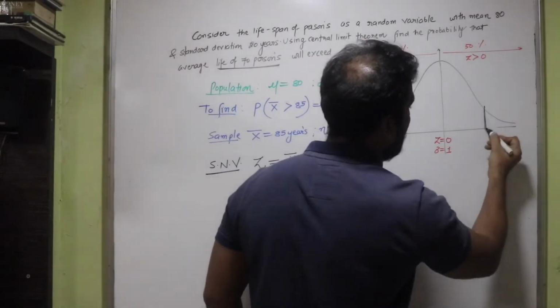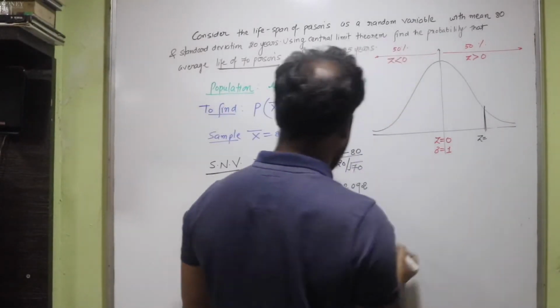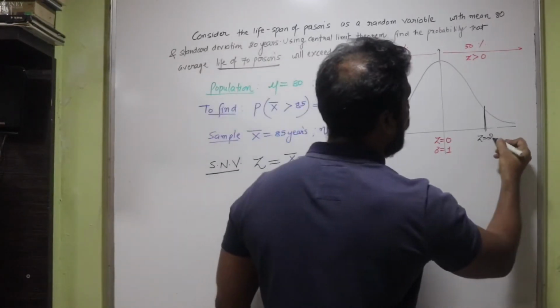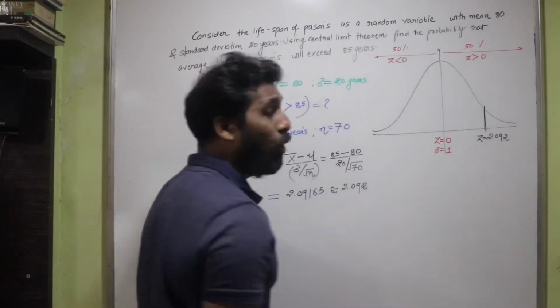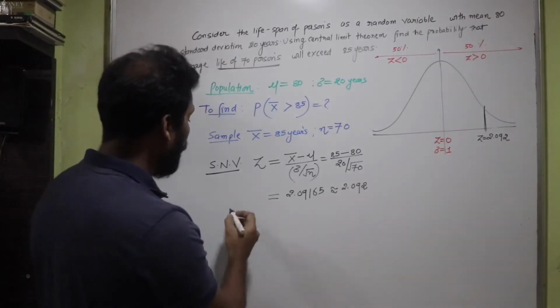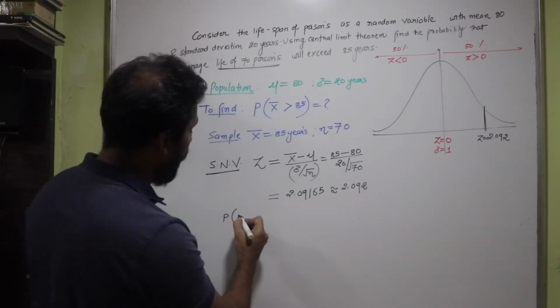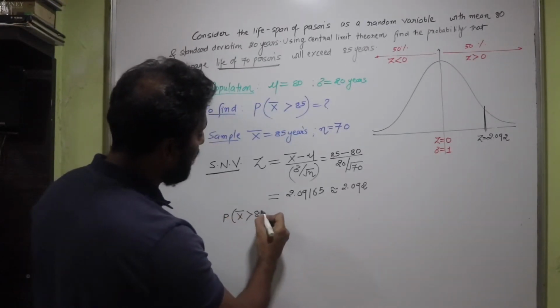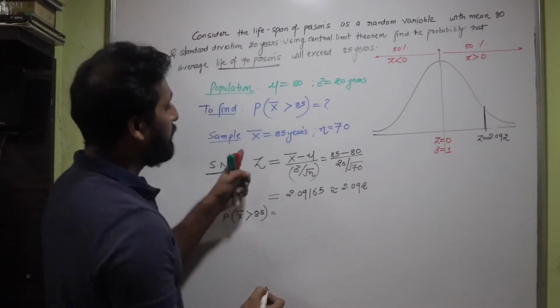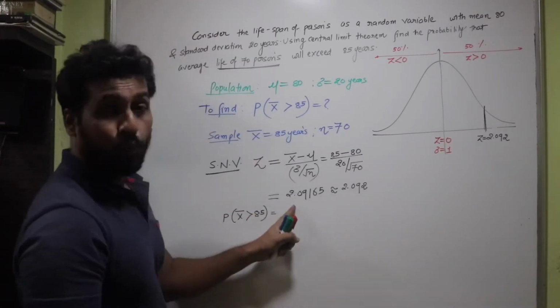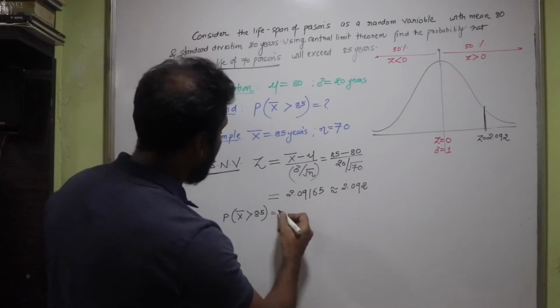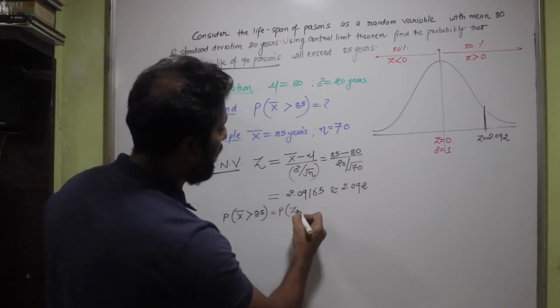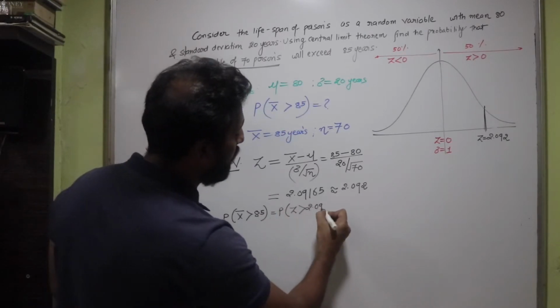I want to find the probability of X bar greater than 85. But for X equal to 85, I've got Z as 2.09165. So I need to find the probability of Z greater than 2.092.